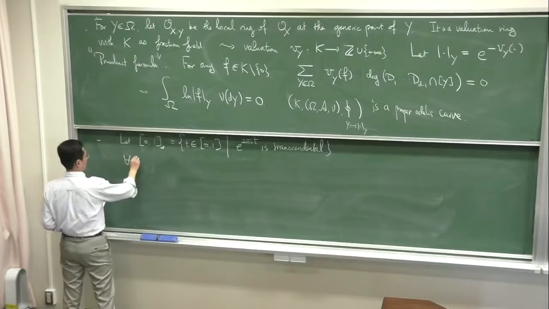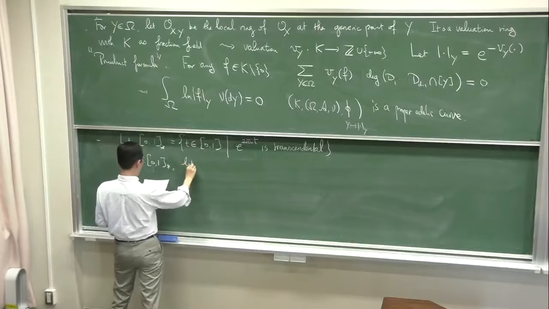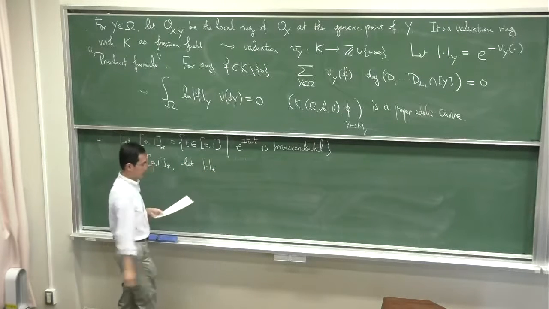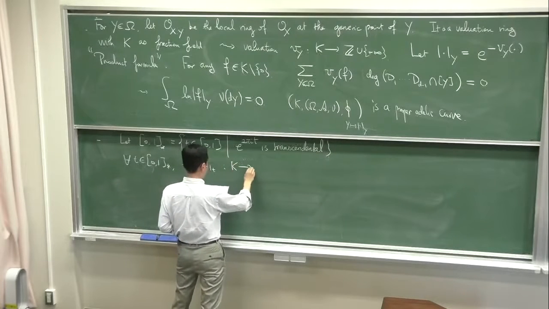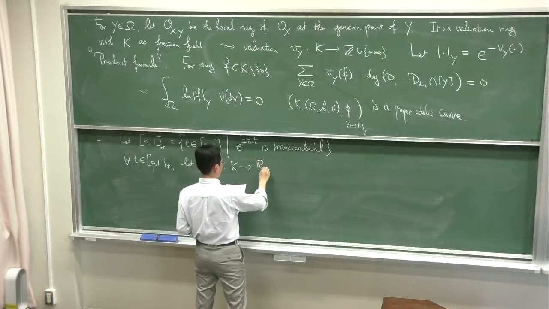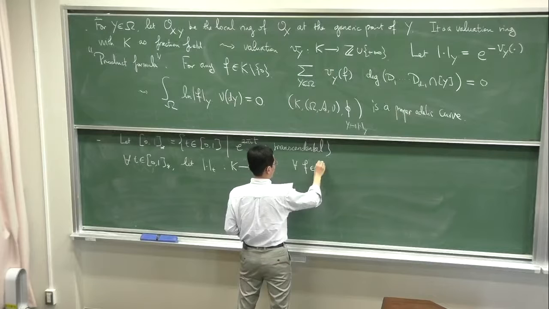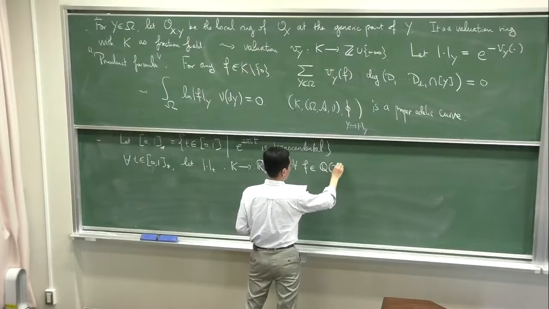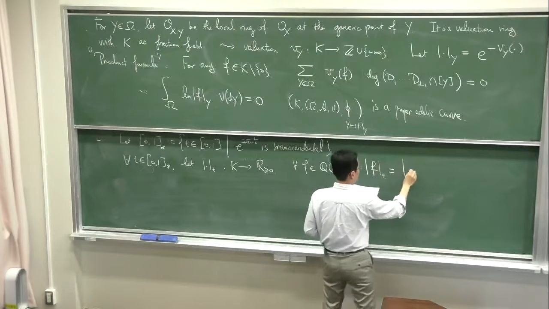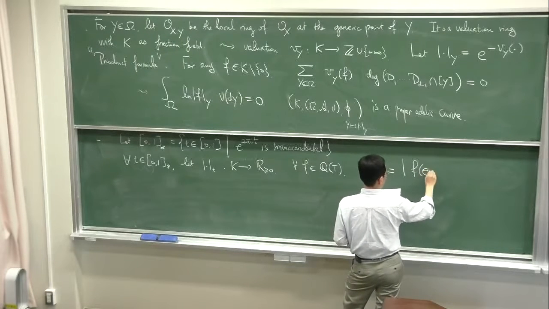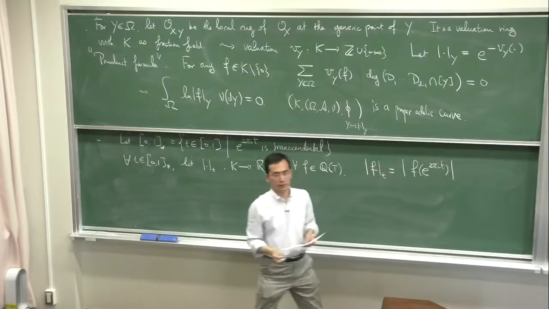So for any t inside this set, let this guy be the absolute value, such that for any f in Q(t), which is K, the absolute value of f is given by the usual absolute value of f evaluated at this transcendental number.